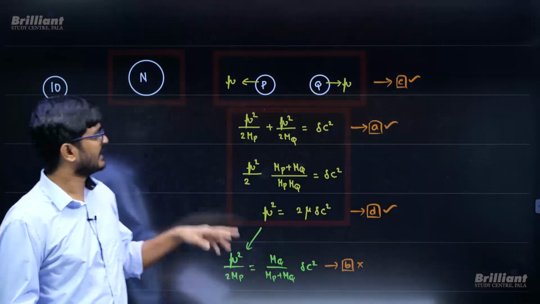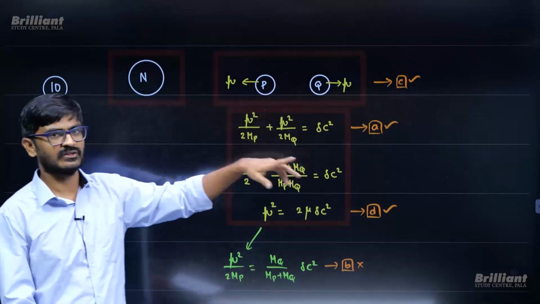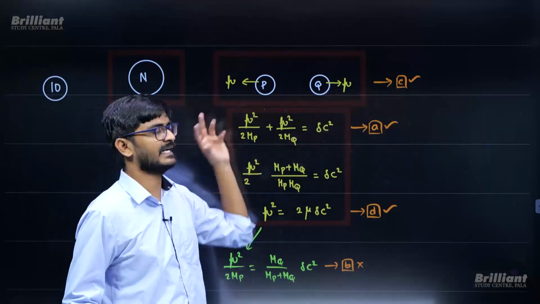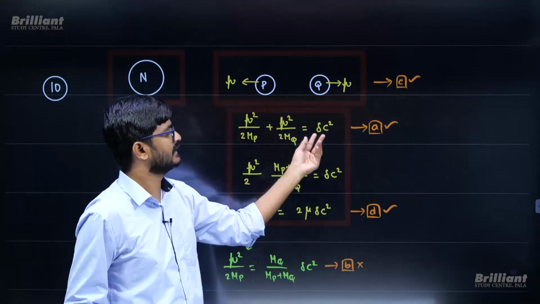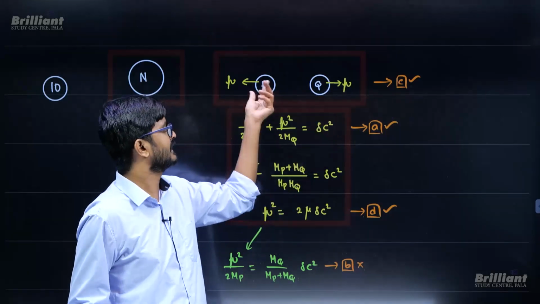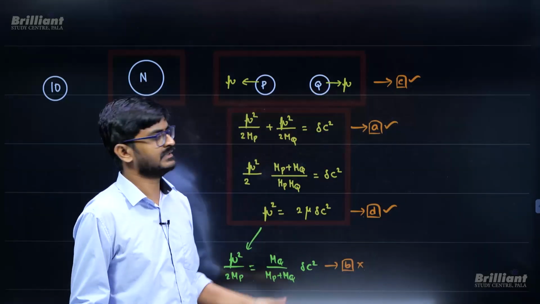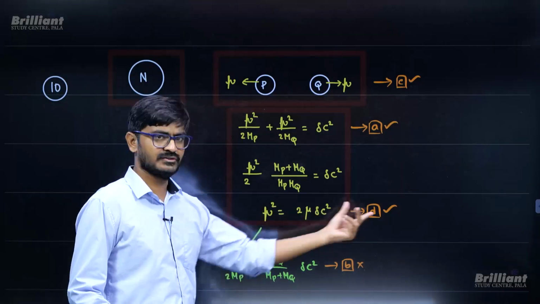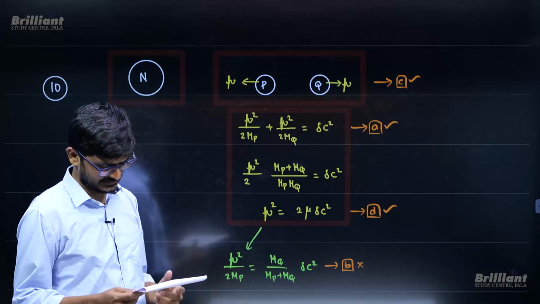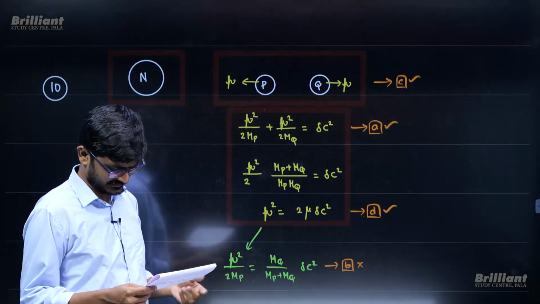Now, where did this energy come from? This energy must have come from the mass difference. The mass difference is delta, given in the question. So the energy I get is delta c square. This energy goes as the kinetic energy of this one plus the kinetic energy of this one. When I modify it, I get the momentum, which gives us option D. Once I get the momentum, I can get the kinetic energy, P square by 2m, and I will get everything.